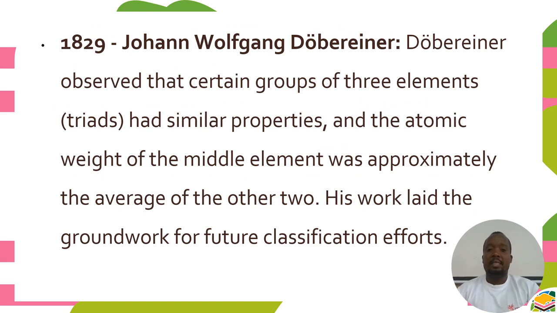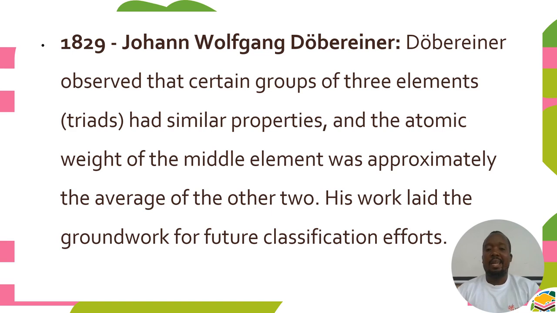Then in 1829, Johann Wolfgang Döbereiner observed that certain groups of three elements, that is the triads, had similar properties. And the atomic weight of the middle element was approximately the average of the other two.